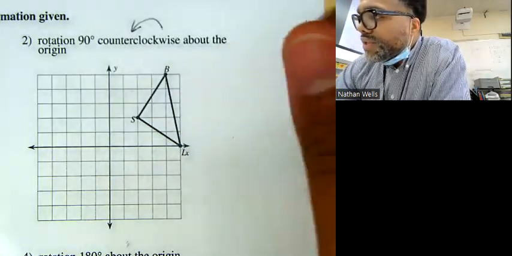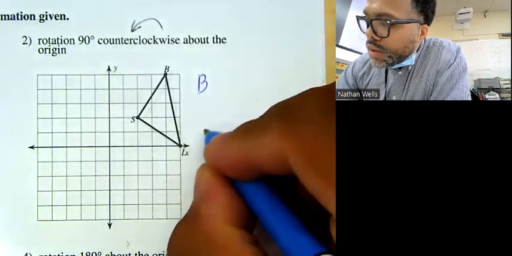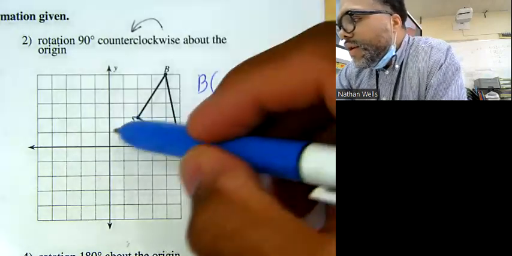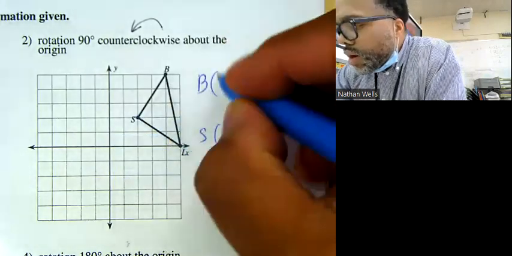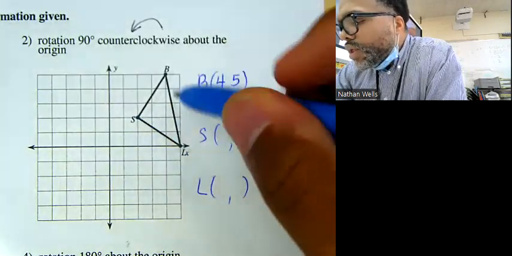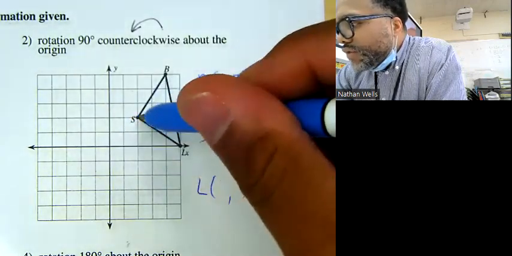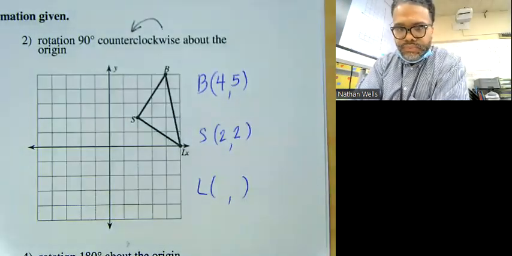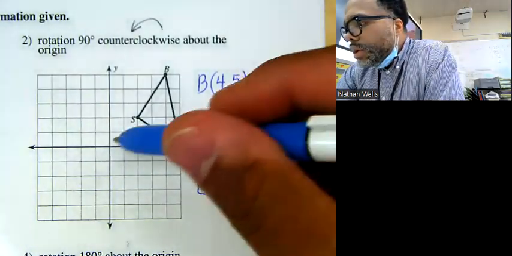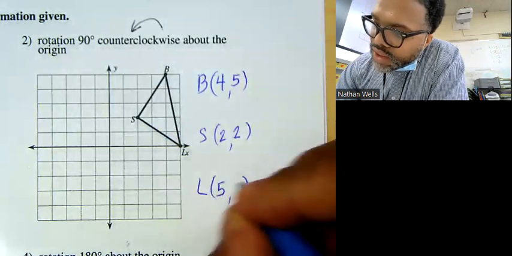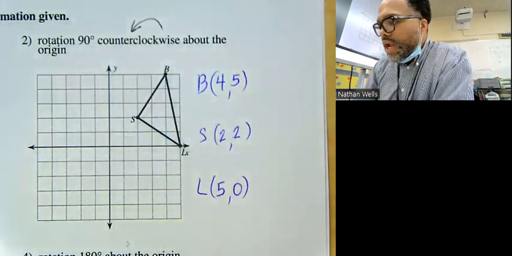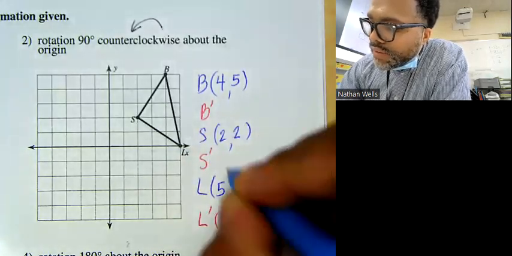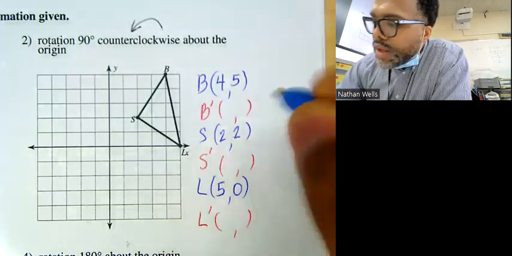So first things first, again, locate your points, your coordinates for your points. B is at +4 on the X, +5 on the Y. S, +2 on the X, +2 on the Y. And L is +5 on the X, 0 on the Y. Now it's different when it is a 90-degree rotation.